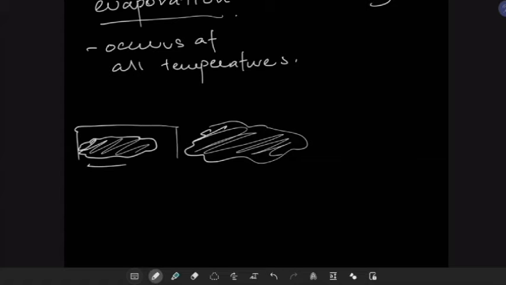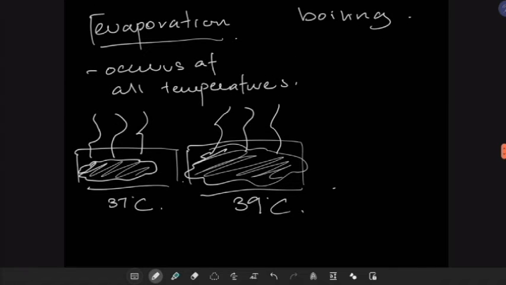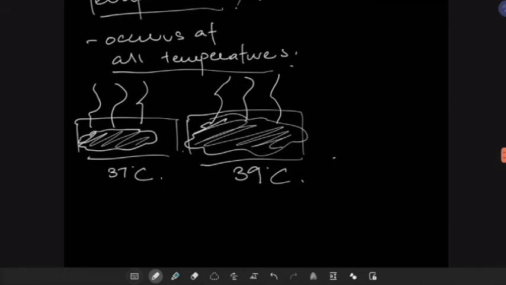Here, in the room temperature, the puddle will evaporate too at, let's say, 37 degrees Celsius, while this kitchen puddle is at 39 degrees Celsius. This will also evaporate. Both puddles of water will evaporate. This is because evaporation occurs at all temperatures.